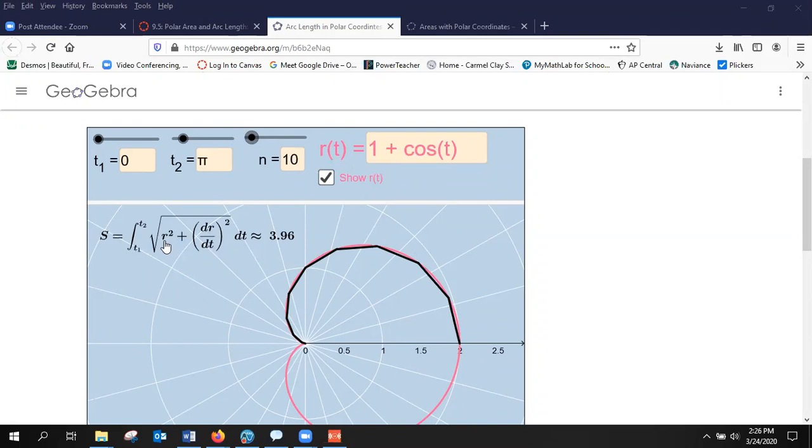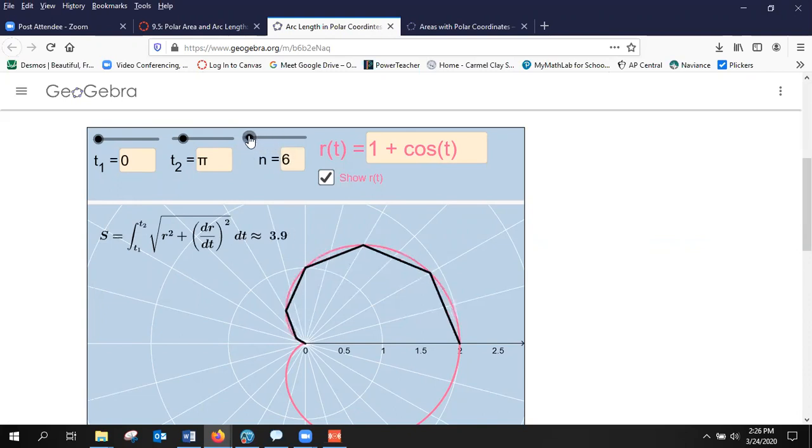But this kind of models that if we want to think parametric, this is the square root of dx dt squared plus dy dt squared. It's really modeled after that same kind of format.